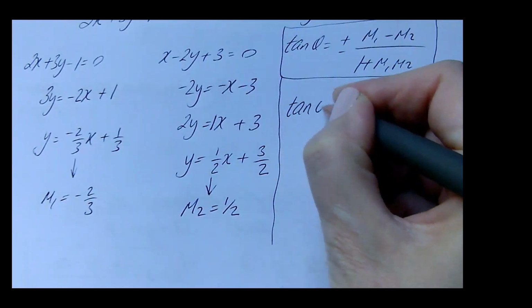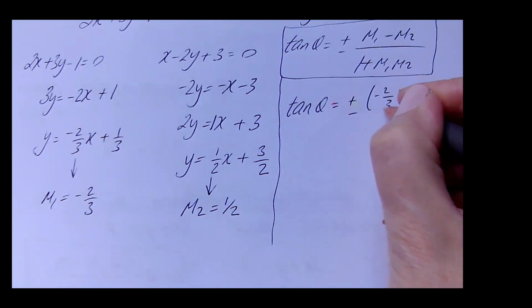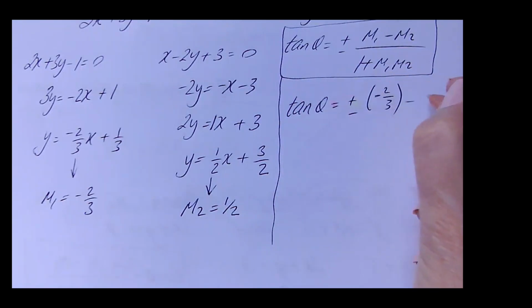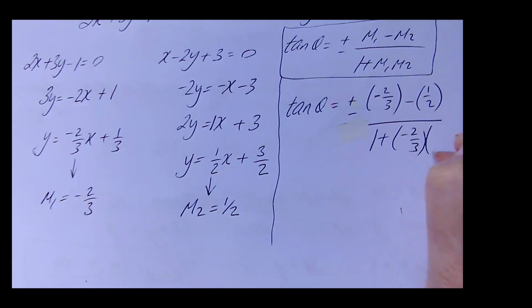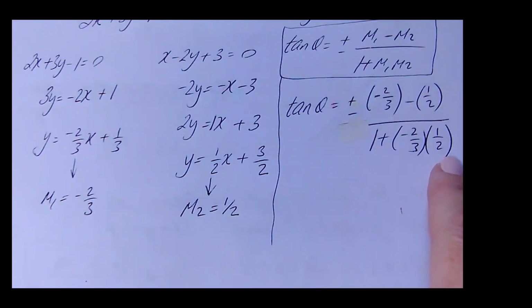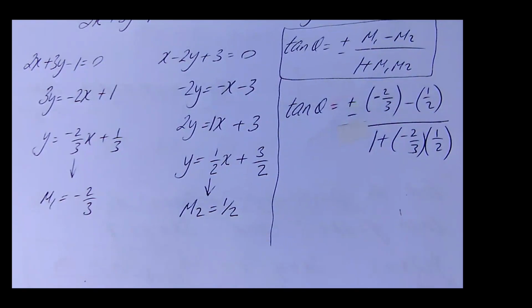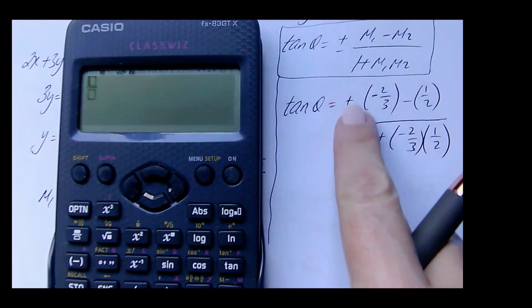Okay, let's put it into the formula. This is going to be a little bit nasty in terms of inputting fractions within a fraction. But don't worry, your calculator is going to do all the hard work here. Just make sure you have inputted it correctly into the formula, put brackets around everything, and then we can just type it into the calculator as we see it there. Remember, we're going to ignore the plus and minus.